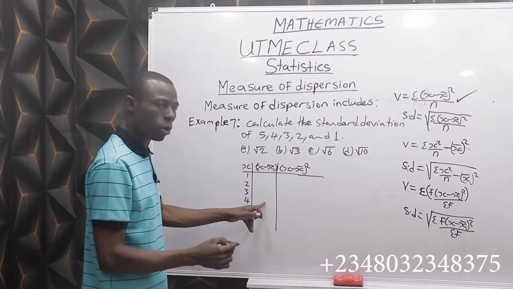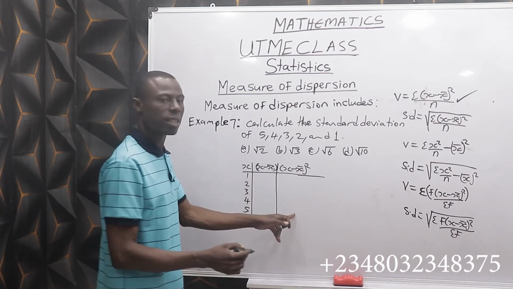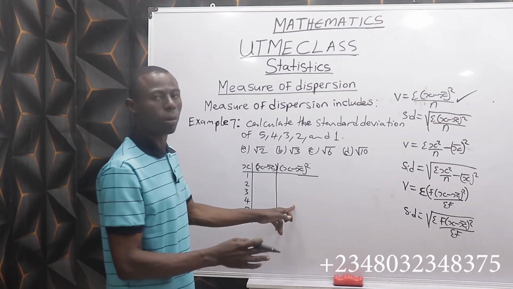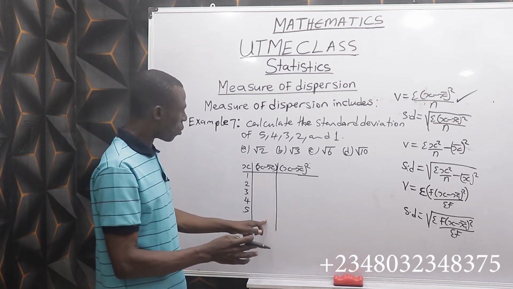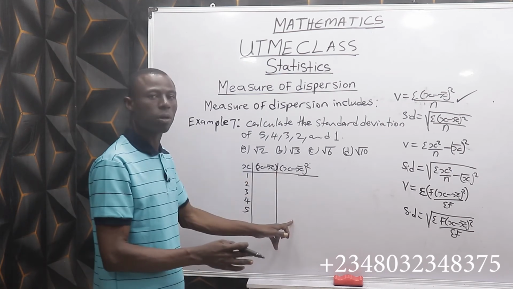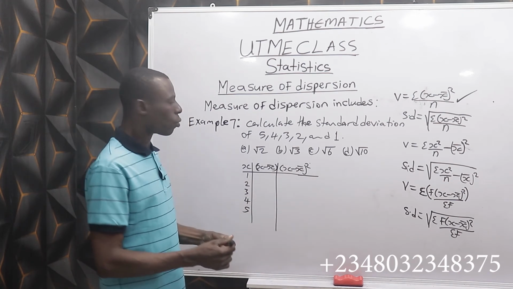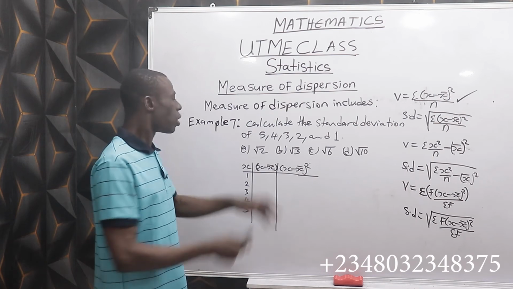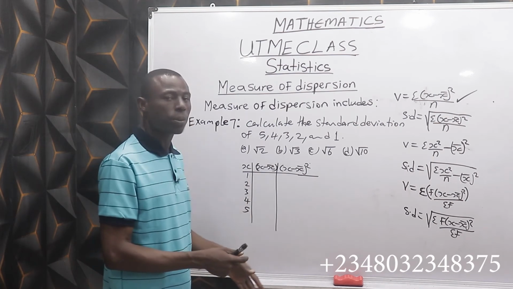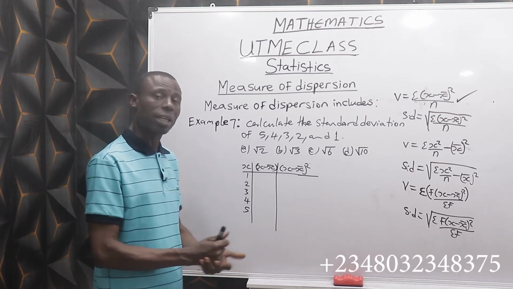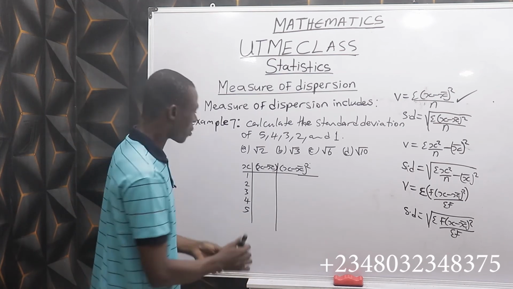This is the deviation column. We square it, the square of that deviation, and that is the variance column. And variance column is the last column when we are to calculate standard deviation, because you just sum it up and find the square root of it. That's why standard deviation is the square root of variance.